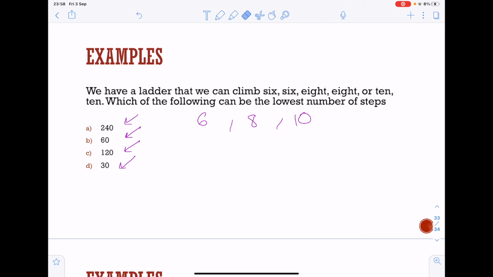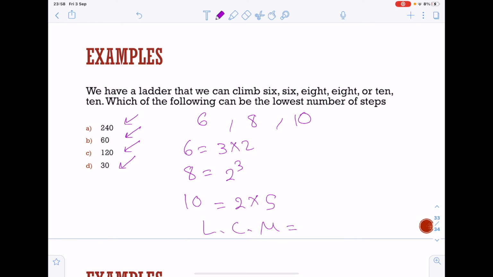So we can try the options that we have, or we can just find the least common multiple. The least common multiple of 6, 8, and 10 can be found, as we said, by factoring each one of those. So 6 is 3 times 2, 8 is 2 to the power 3, 10 is 2 times 5. To find the least common multiple, as we said, we will take all the factors that we have: 3, 2, and 5, with the highest power.